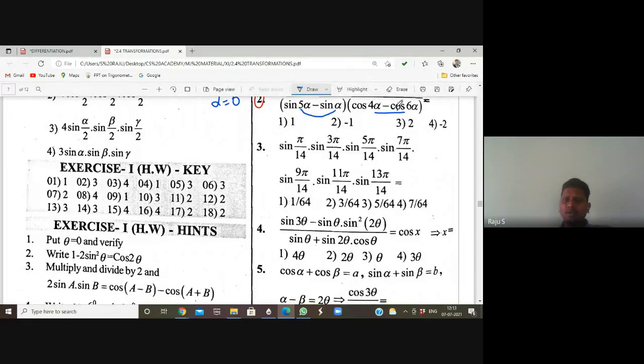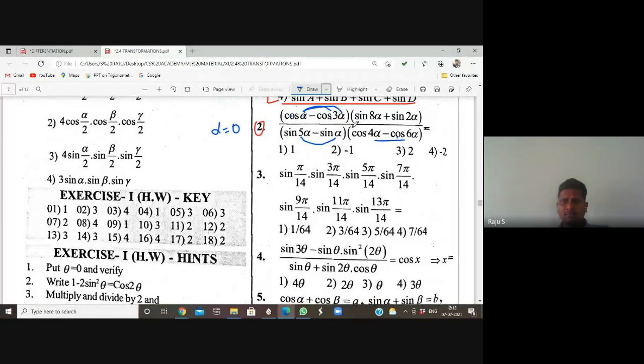So in that case, why don't you apply directly the cos C minus cos D formula?